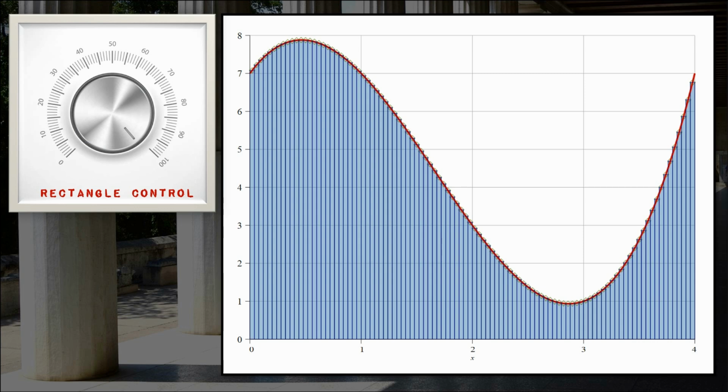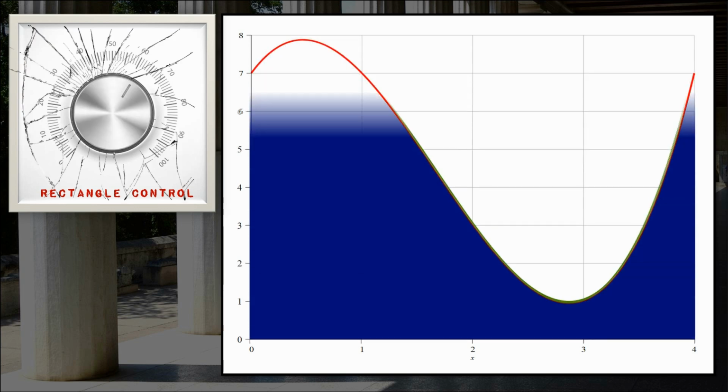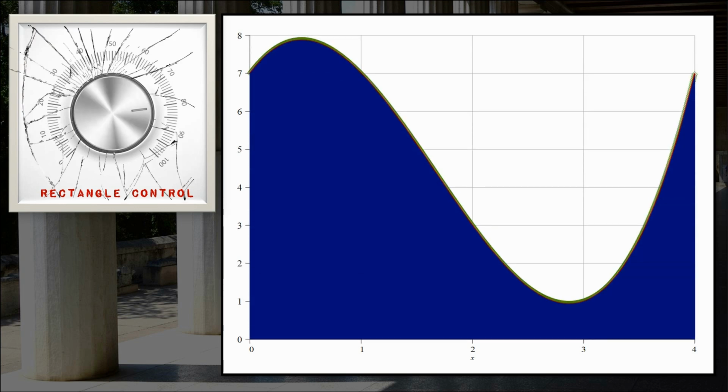What if I kept doing this more and more forever? What if I just kept cramming rectangles under there forever? Arbitrarily many. What if every time I put rectangles under there, I put one more? We're asking the question now from the limit perspective. If I were to do that, would this approach anything?